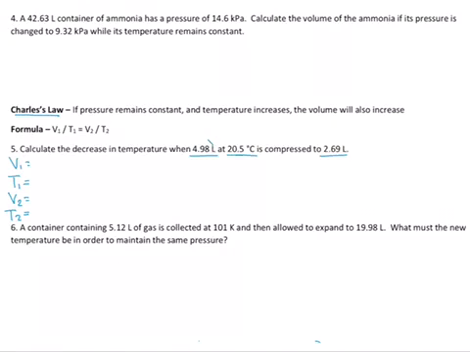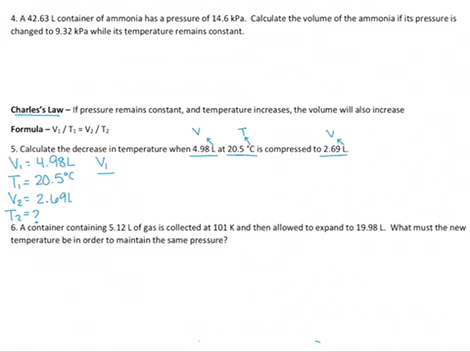Liters, again, is indicating a volume, and degrees Celsius is indicating our temperature. So we're starting with 4.98 liters, our starting temperature is 20.5 degrees Celsius, our final volume is 2.69 liters, and we're looking to solve for our second temperature.